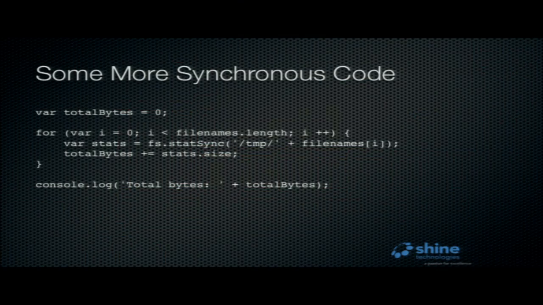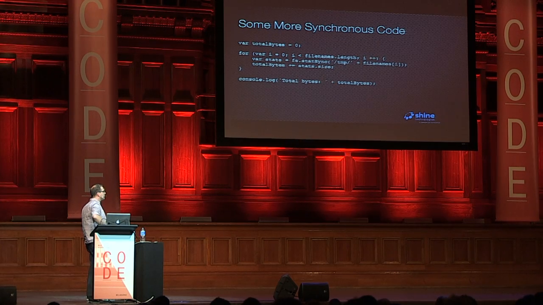So let's look at some more synchronous code. This is another example. Let's say we have now our file names, we read our directory, and we have an array. Now we could use, for example, fs.statSync in order to get some statistics on each of the files, and use that in order to count the total number of bytes in a directory that all the files make up.